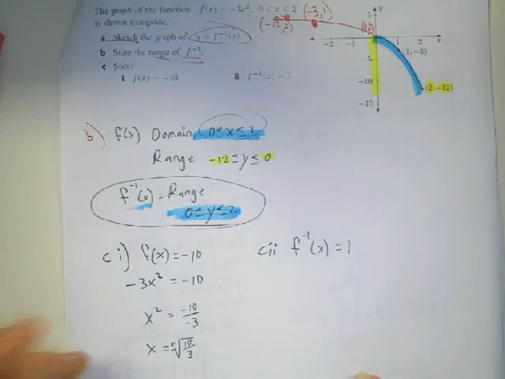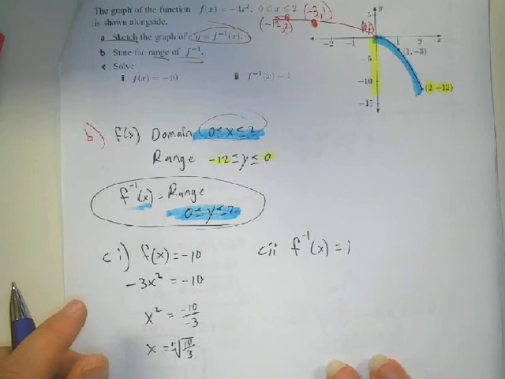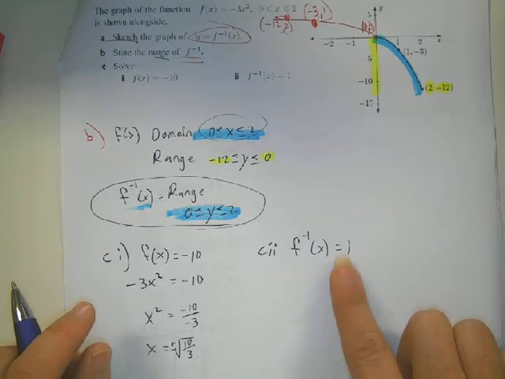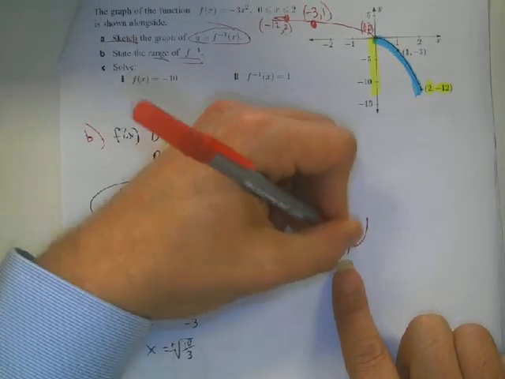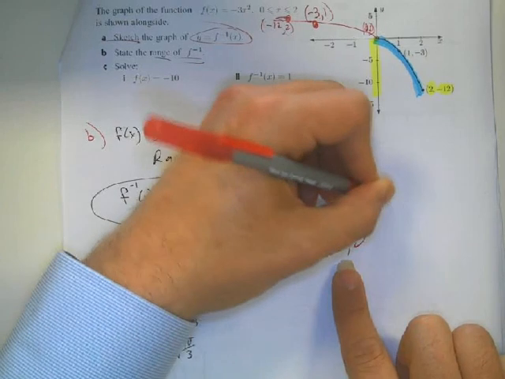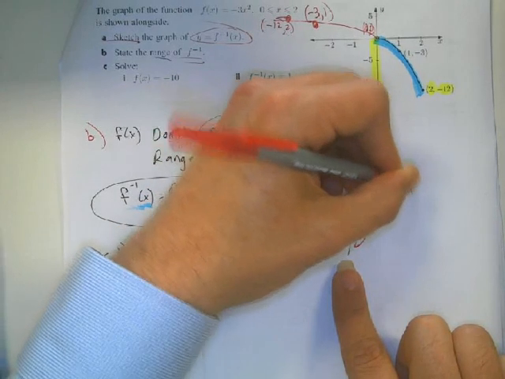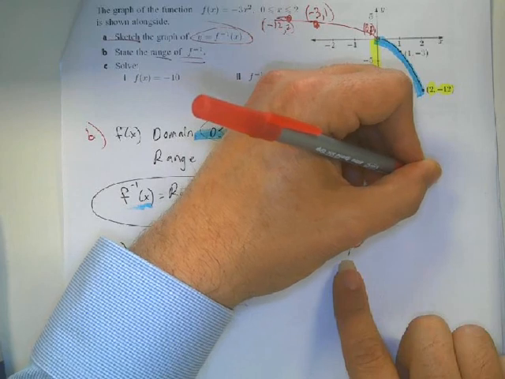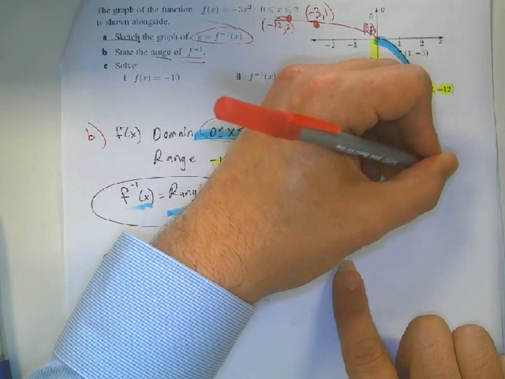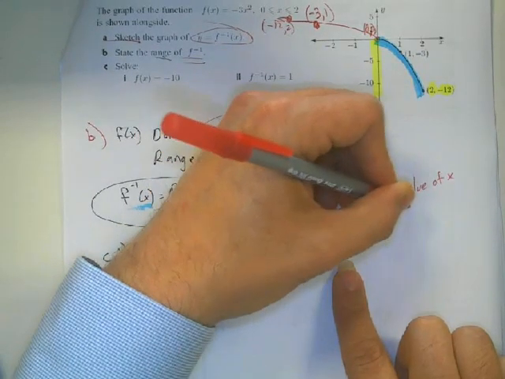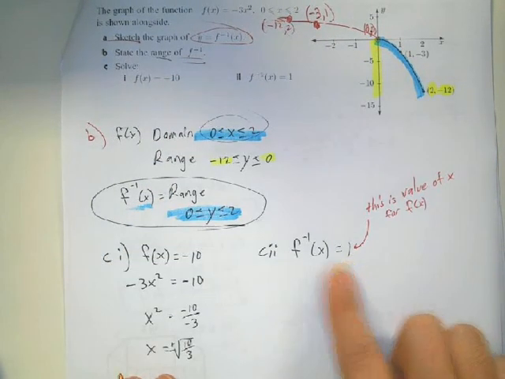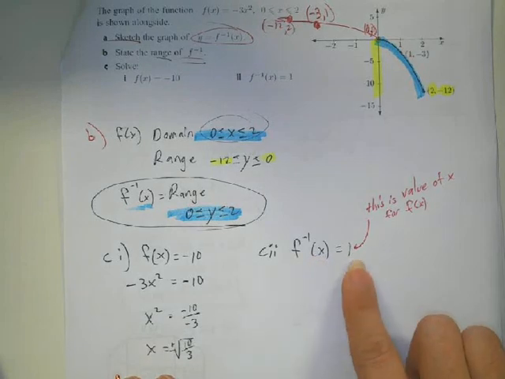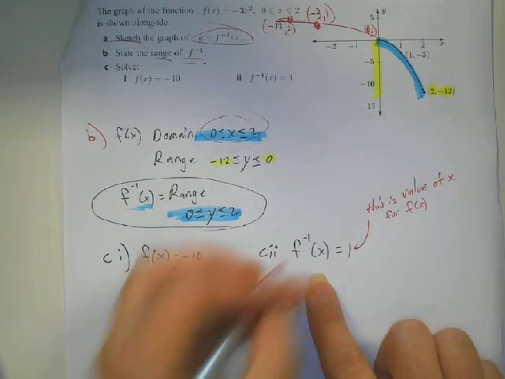Okay, so I'm going to take my inverse function, and so just think about this is the value of x for f of x. Okay. Instead of this being x, this is the x when we're doing with the inverse function.